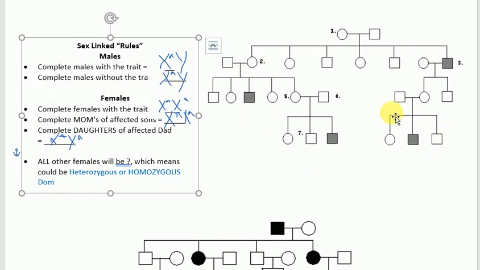The next thing, does it skip a generation? And we look here, that's not skipping. But we look here, that is skipping. This is skipping. So we know that it is sex-linked and it is recessive. So we are going to shade the individuals with lowercase letters.